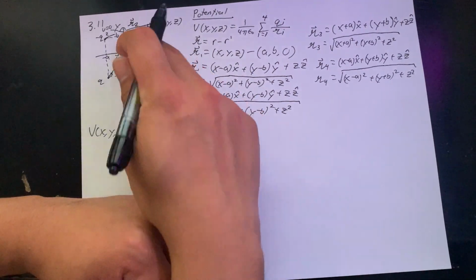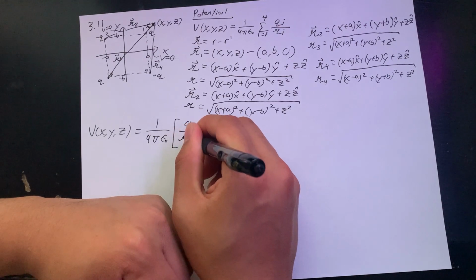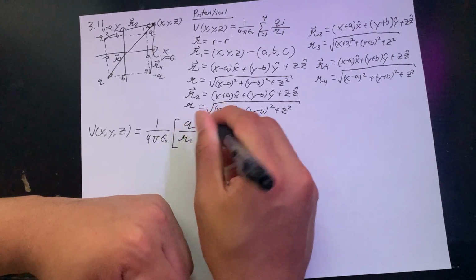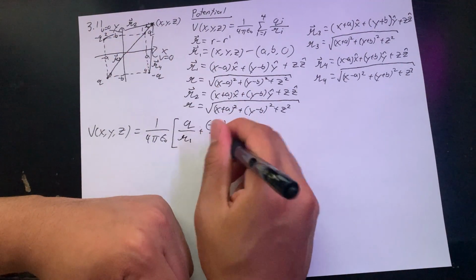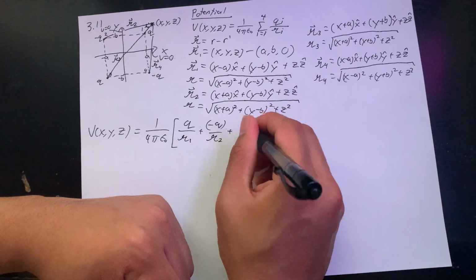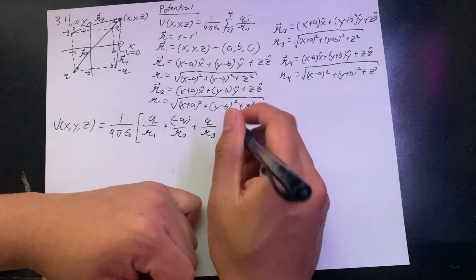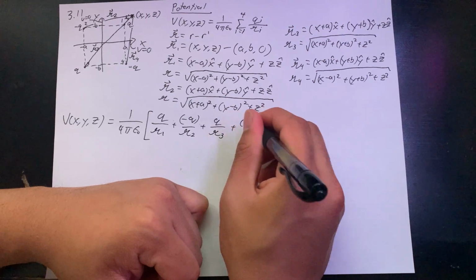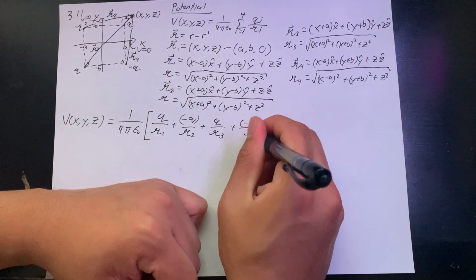So our first point is positive Q over script R1 magnitude, plus our negative Q over the script R2 magnitude, plus the positive Q of the third one, plus the negative Q of our fourth one.